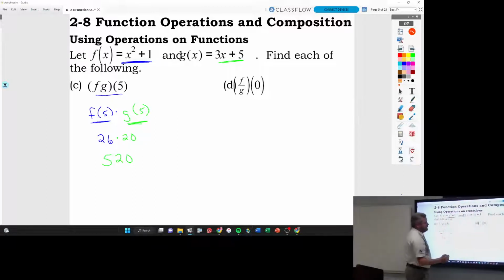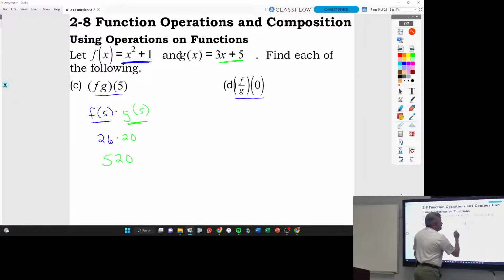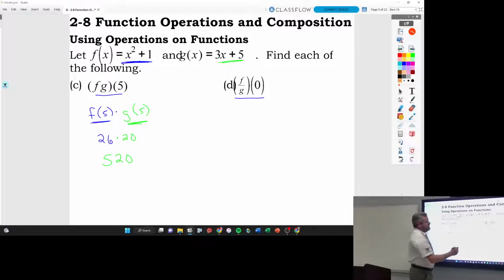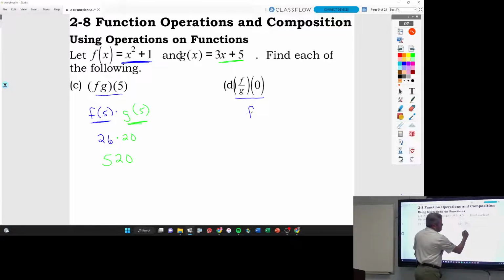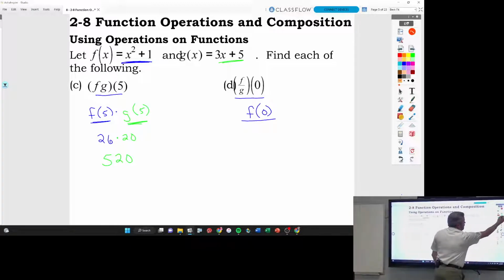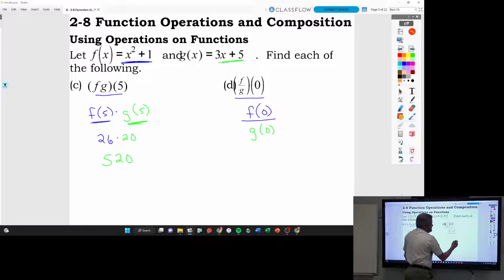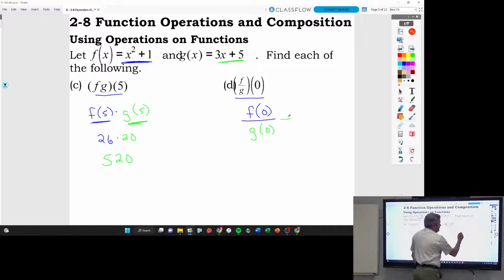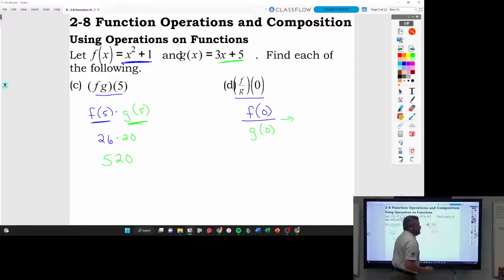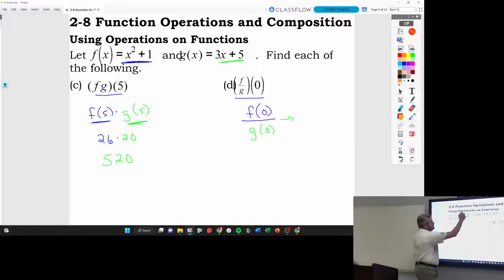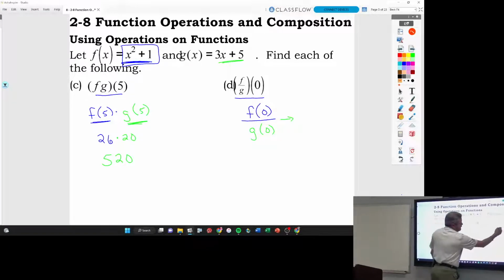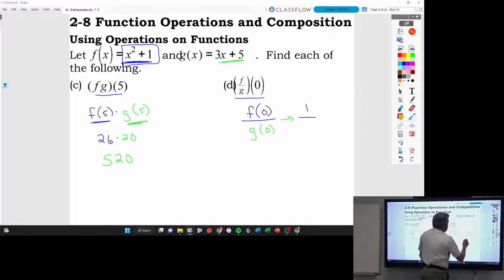And part D, I want to take f divided by g of 0. So that means the function f evaluated at 0 divided by the function g evaluated at 0. So plug in 0 to the f function right here. 0 squared is 0. 0 plus 1 is 1 over.